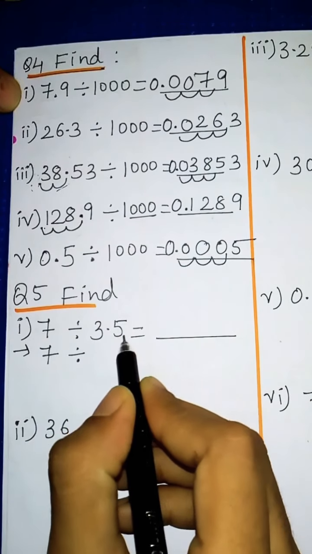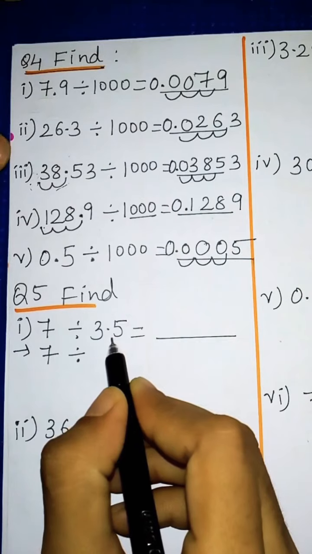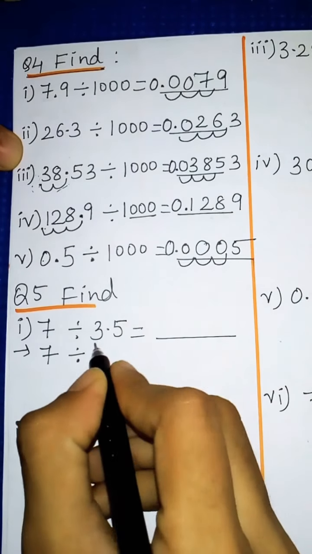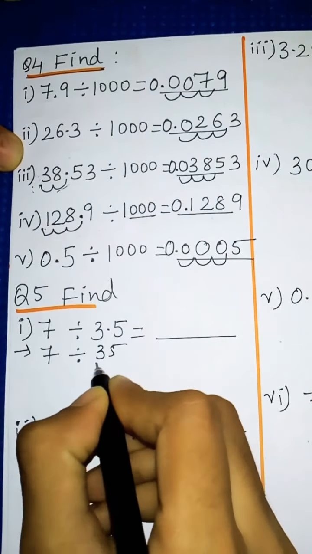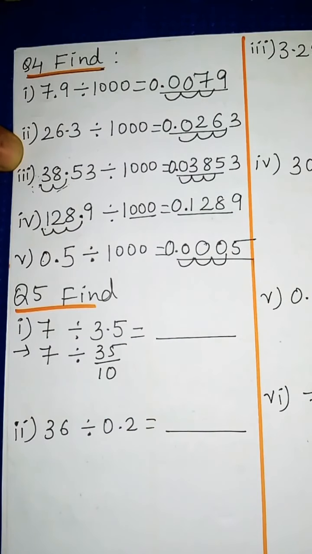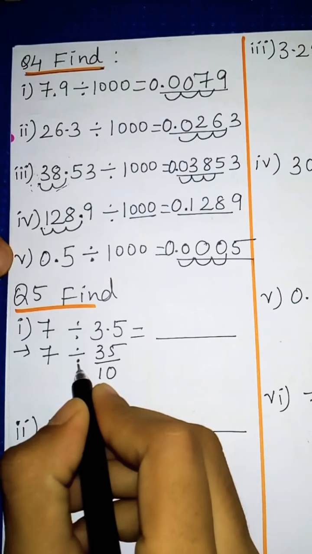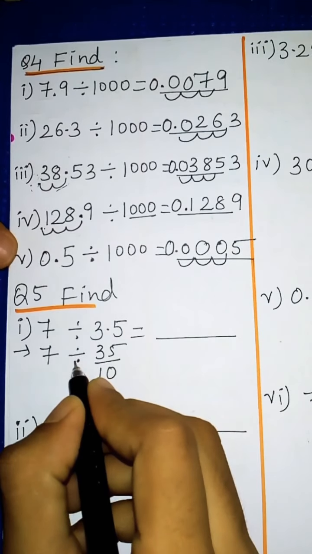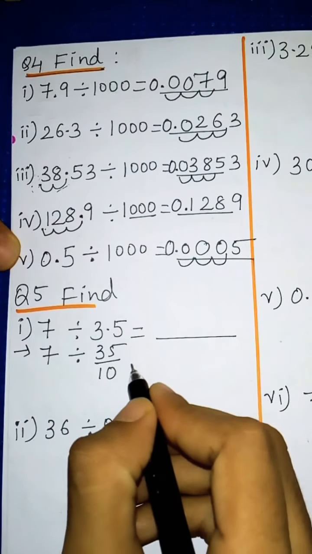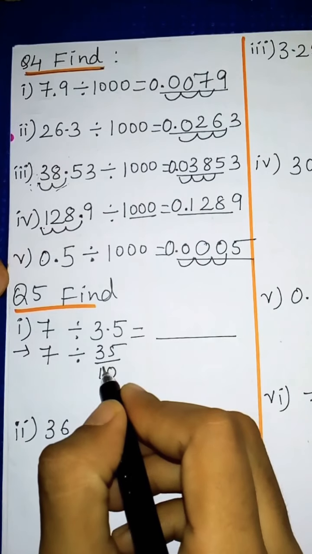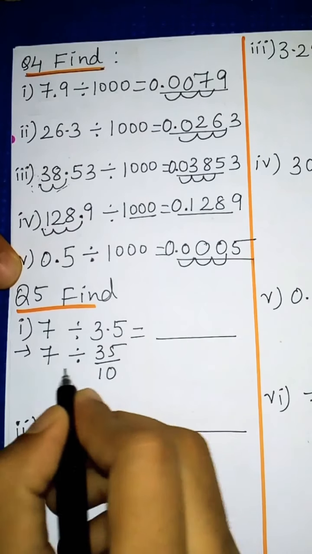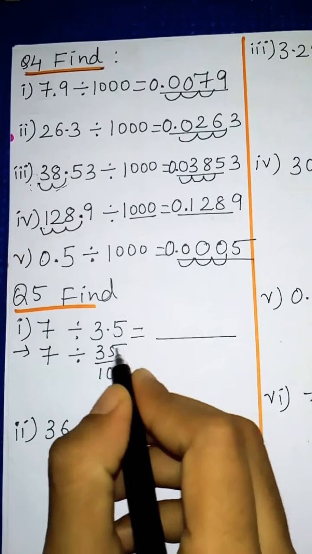7 divided by 3.5. Now 3.5 is given. So if I remove this point, it will be 35 upon 10. 35 upon 10 हो जाएगा, right? Now in next step, this division sign I will change into multiplication and this part I will take reciprocal. So we have seen in previous video also how to divide if one whole number is there and another fraction is there.